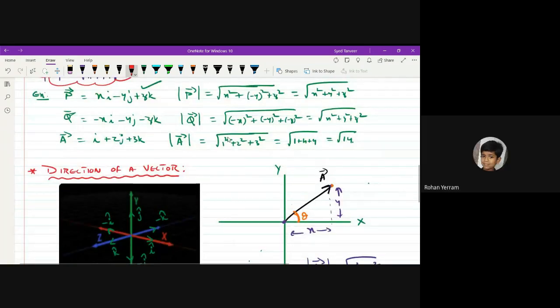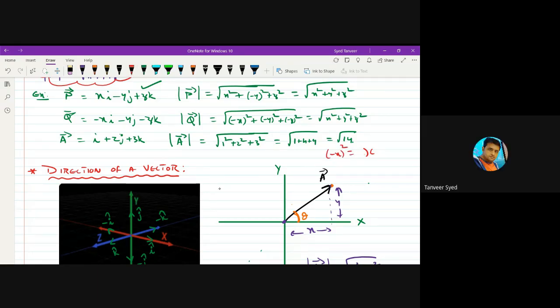Sir, I have a doubt from the previous class. Here, exactly at this point, minus x square plus minus y square plus minus z square, how does it become root of x square plus y square plus z square? What is minus into minus? Plus, sir.